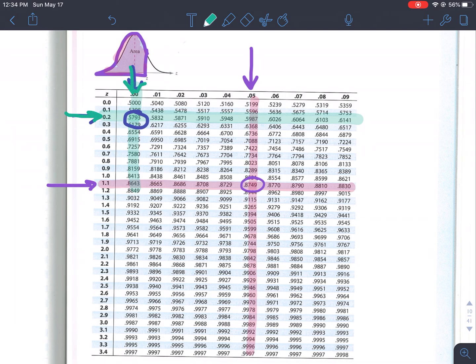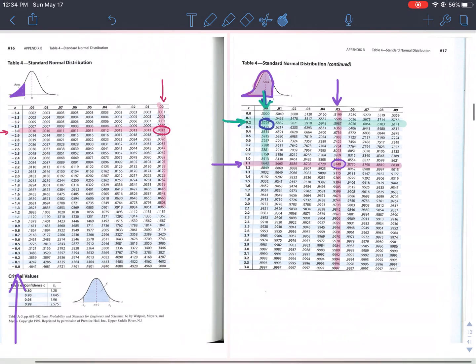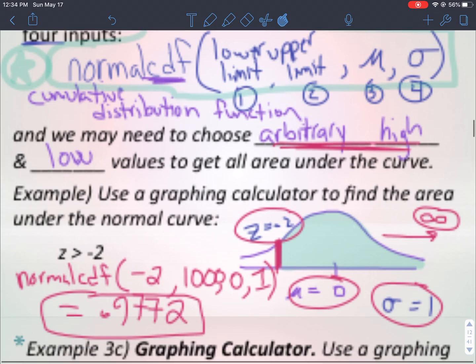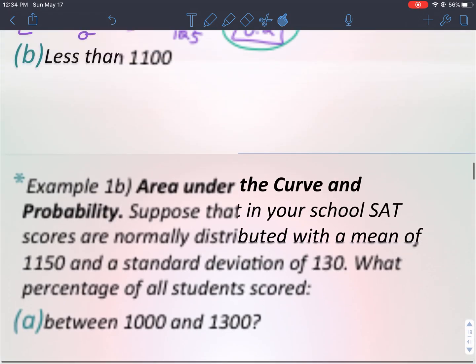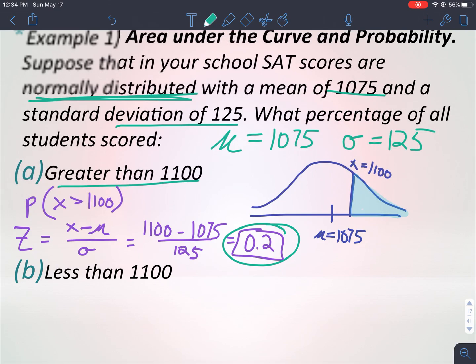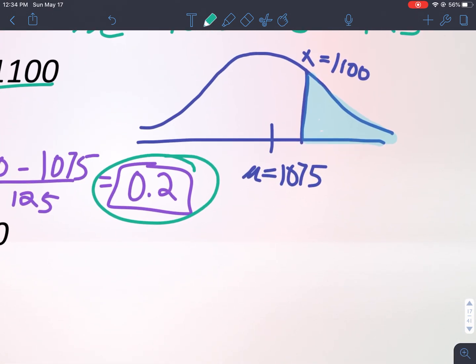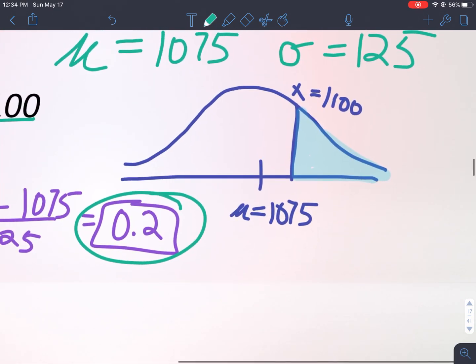I've done that already, and I get a value of 0.5793. But remember, the 0.5793 is actually the area to the left of the curve.